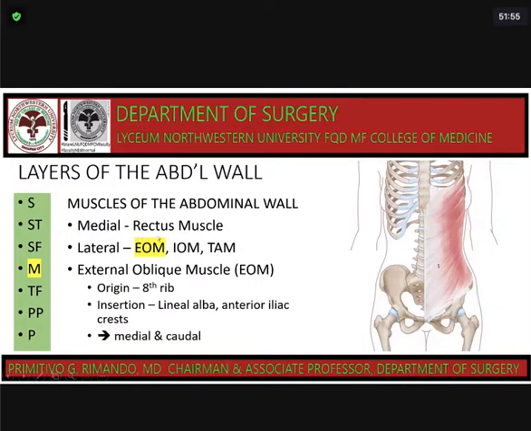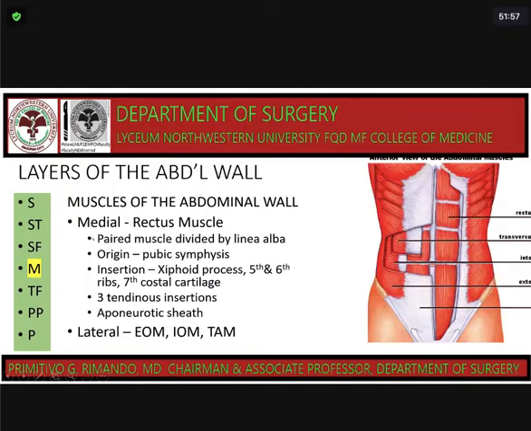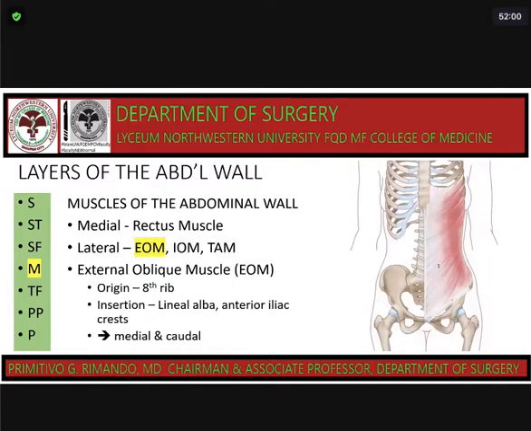So that is in the middle. And then laterally, you have three muscles. We are now at the level of the muscles: your external oblique, your internal oblique, and your transversus abdominis muscle.